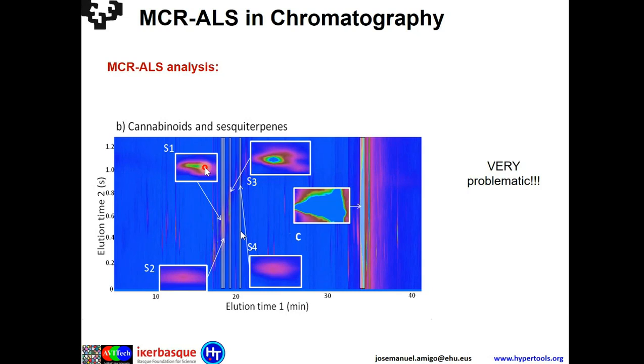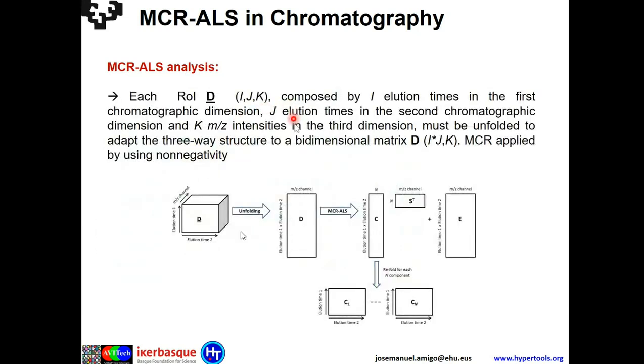Okay, so basically, for each of these cuts, here we have elution time 2, elution time 1, MZ channel. So we can take this structure, and for each sample, what we do is unfold, and now here we have the MZ channel and the elution time 1, elution time 2 for one sample.